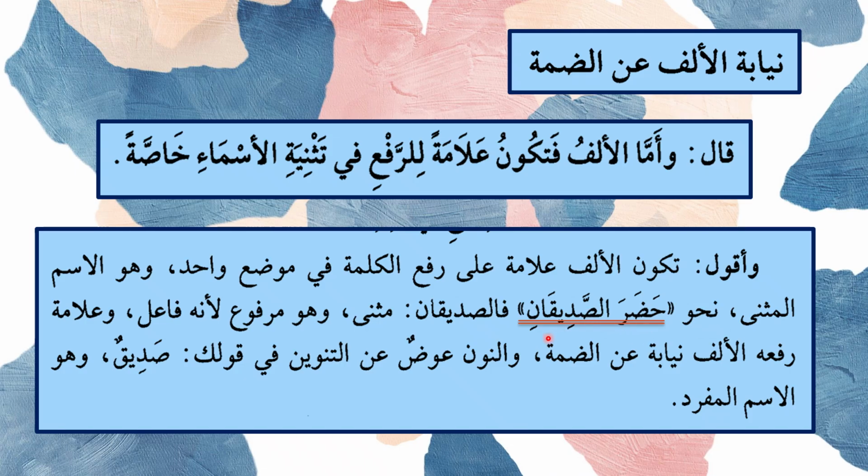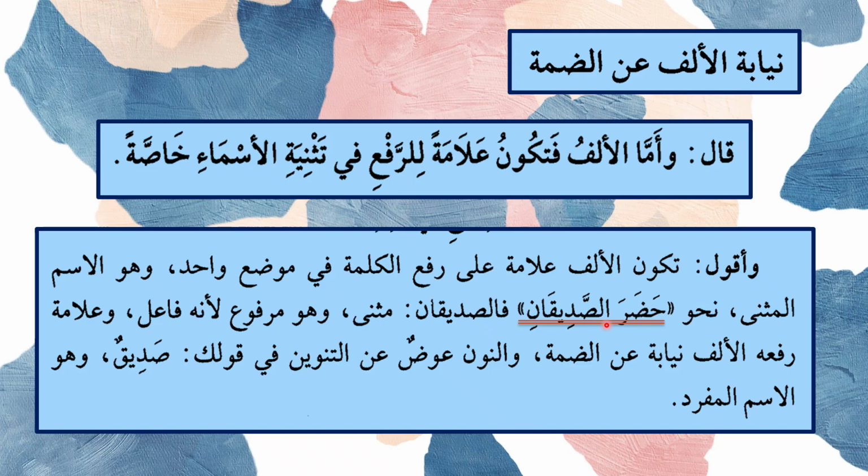Hadara as-sadiqan. So first we will see the structure of the sentence, as I always say. So this is fa'il, and what comes after the verb is the fa'il. So sadiqan is the fa'il, and we all know that the fa'il is in marfu position, and this noun is a dual structure.